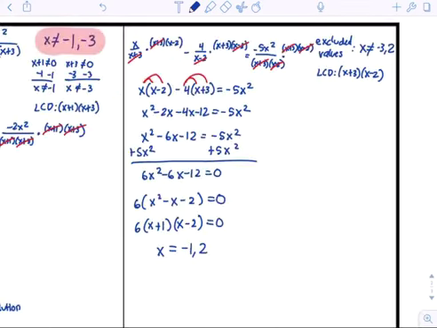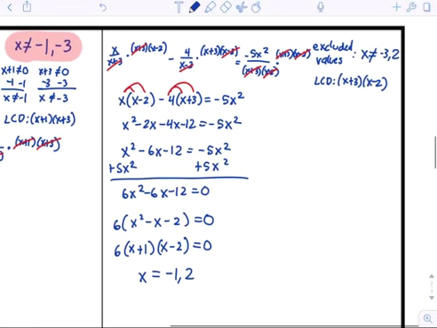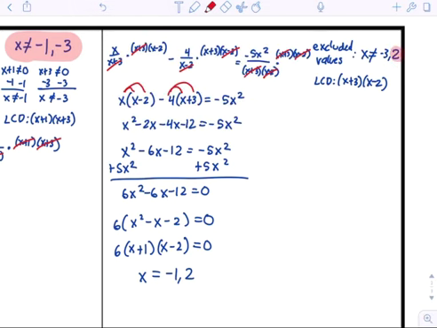Now, we have to check our excluded values, right? To make sure our answer is not an excluded value. Everyone take a look. There's that excluded value, and notice how that's a solution of ours.